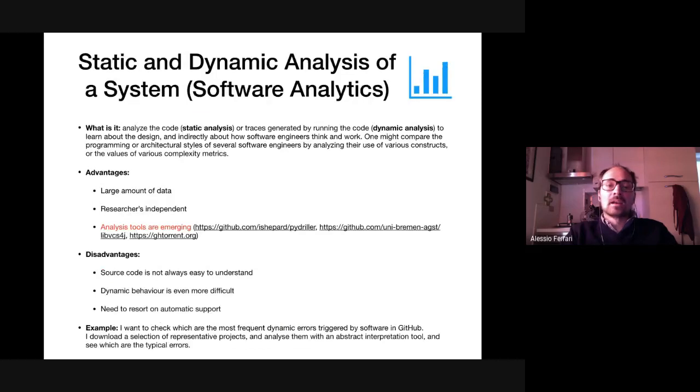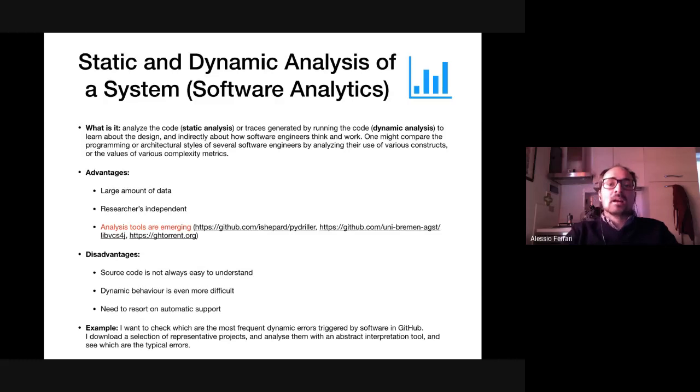Okay. Static and dynamic analysis of a system. And what is this? This is basically the universe of software analytics. That means analyzing the source code or the traces generated by running the code, so dynamic analysis. This can help us learn about the design and, in a very indirect manner, how software engineers think, structure their code, and work.